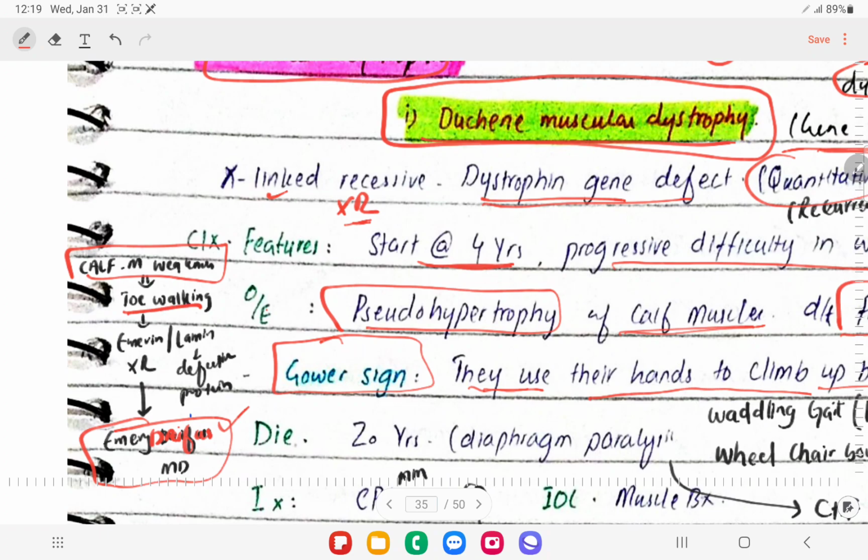That is because of defects in emerin and lamin. These are also sarcolemmal proteins that are defective in these patients. This is also an X-linked recessive disorder.